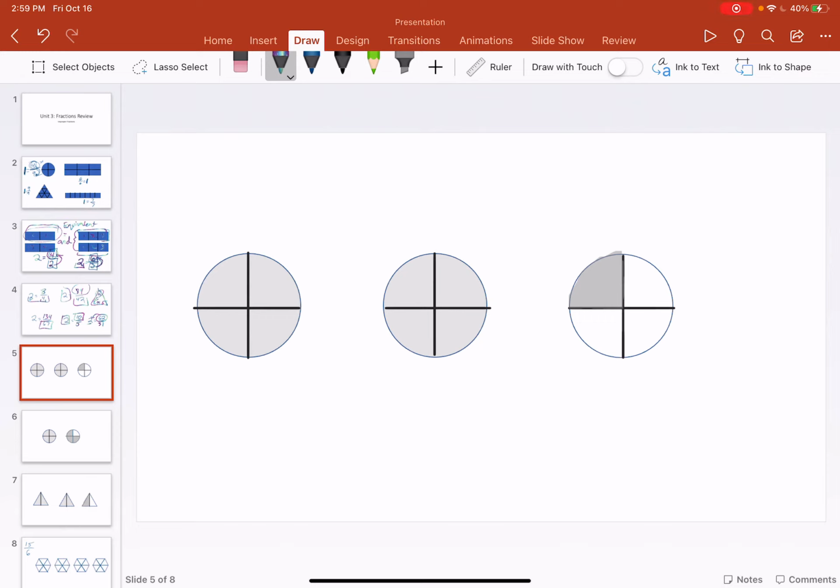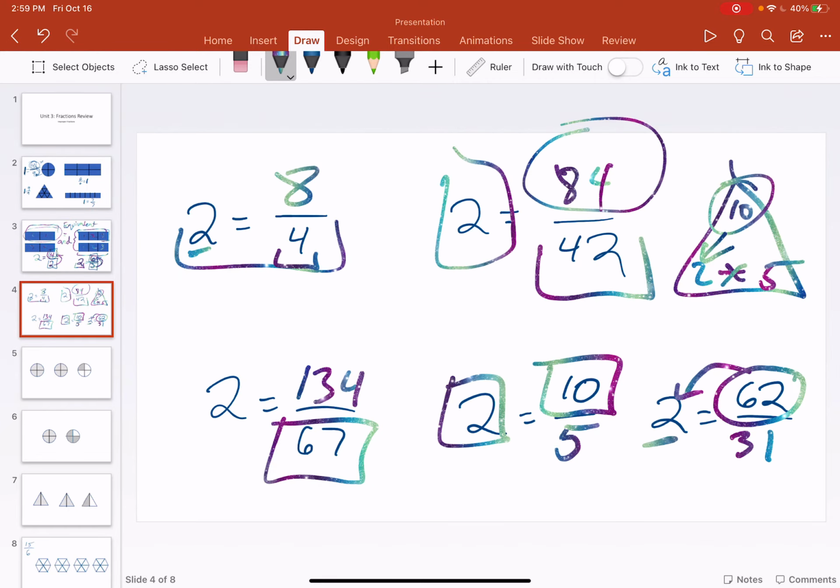Okay, so I really hope this is making some sense to you. I do want to ask, how are these fractions different from the ones that we've already looked at? So again, these ones are called improper fractions, right? Because the numerator is bigger than the denominator.